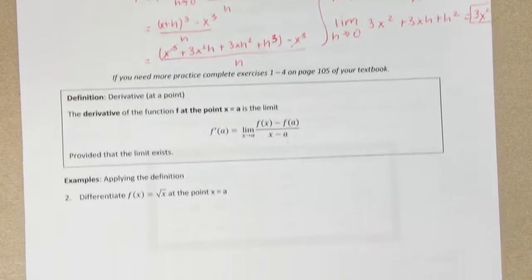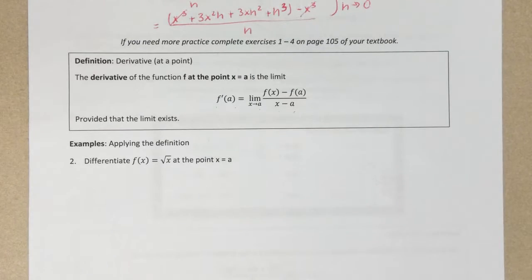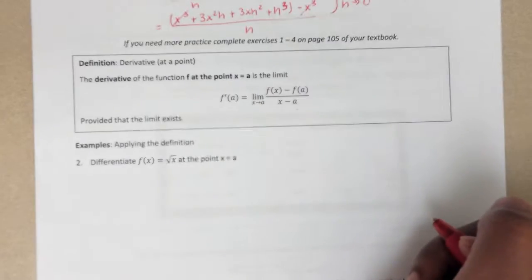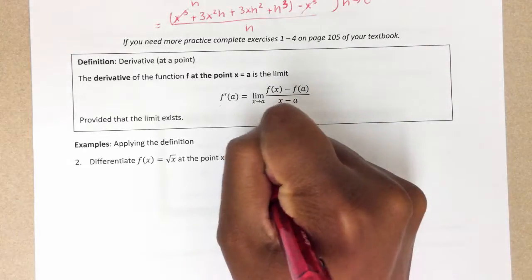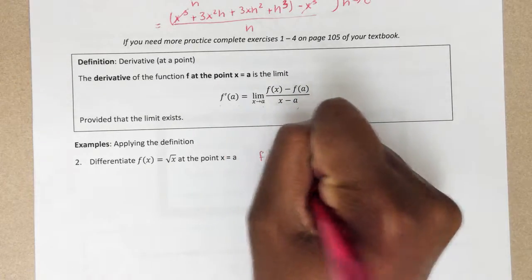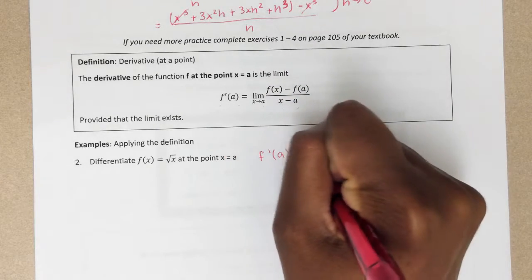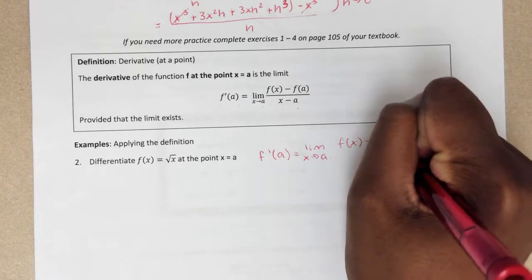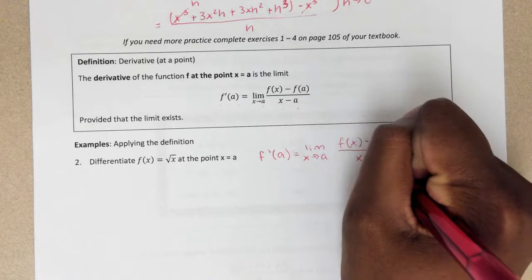So we want to differentiate f of x equaling square root of x at the point x equals a. We will use the equation above, f prime of a equals the limit as x approaches a of f of x minus f of a all over x minus a.